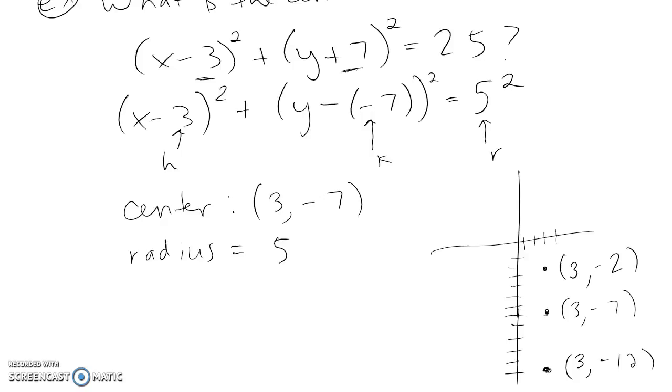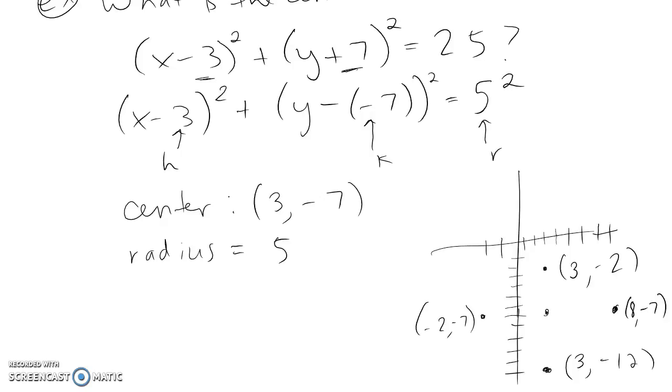If we go over to the left 5, we're going to find a point at (-2, -7). And if we go to the right 5, we're going to find a point at 3, 4, 5, 6, 7, 8, so (8, -7). Let me erase this label so we have some space to draw a point.